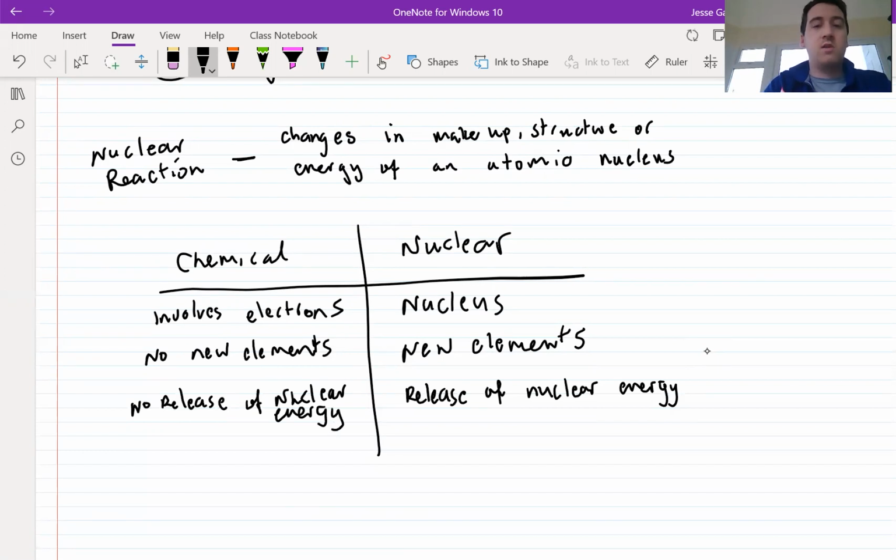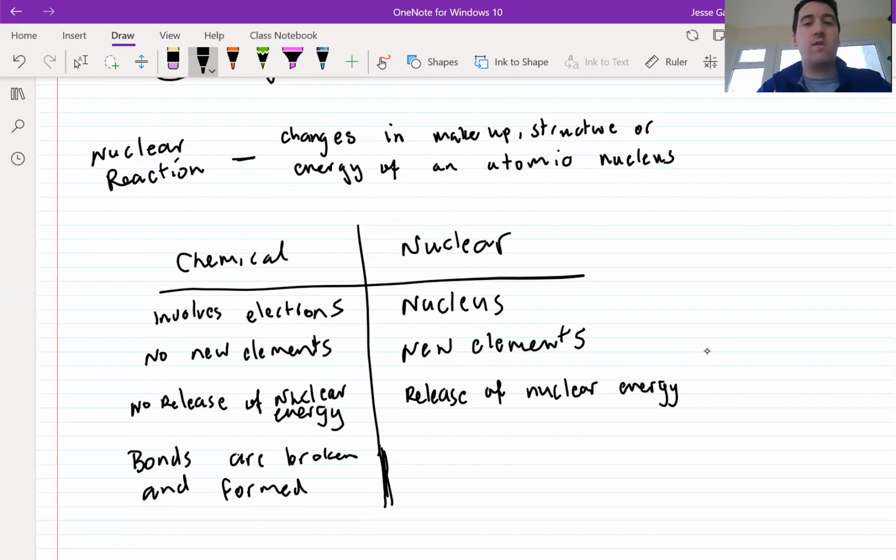And I suppose the last real difference is that in chemical reactions, we often talk about bonds having to get broken and reformed. So bonds between atoms get broken. Bonds are broken and formed.